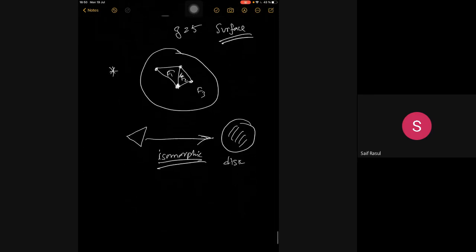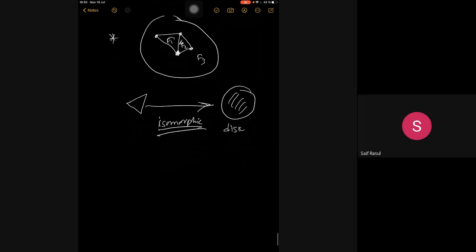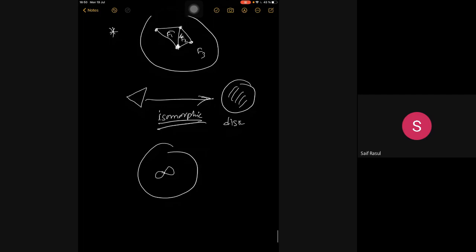So I can draw various kinds of graphs, various kinds of maps, on a 2-dimensional surface. For example, our very first graph, the figure 8, I can draw it on a surface like this.